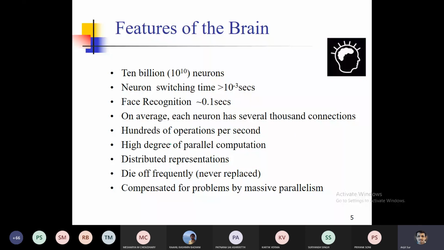But it's a massive interconnection, highly distributed and highly parallel computation. So from an architectural point of view, the brain is a huge network.